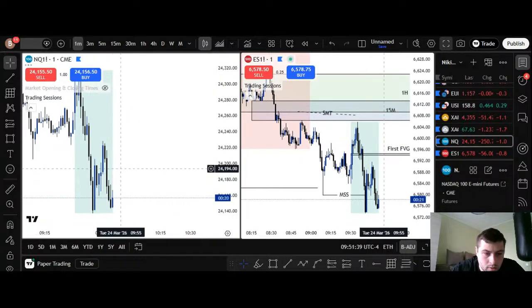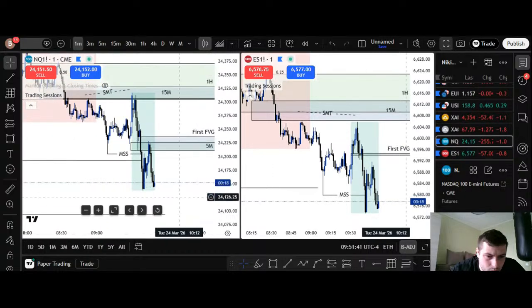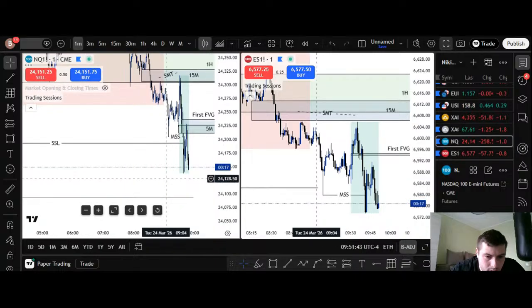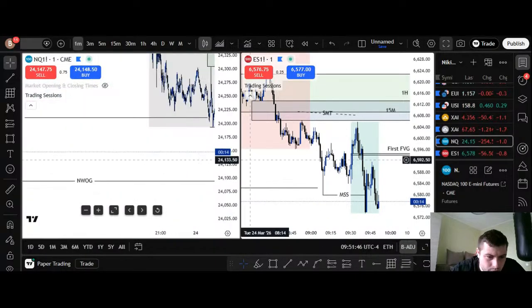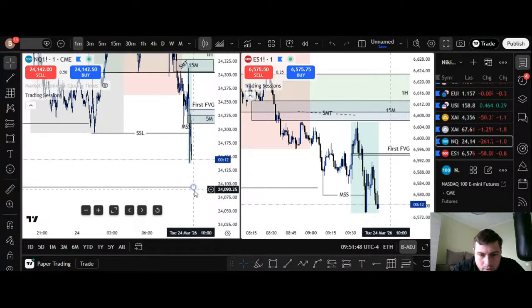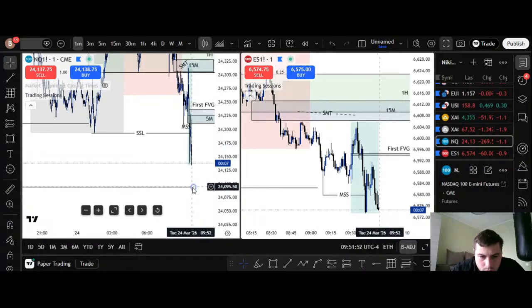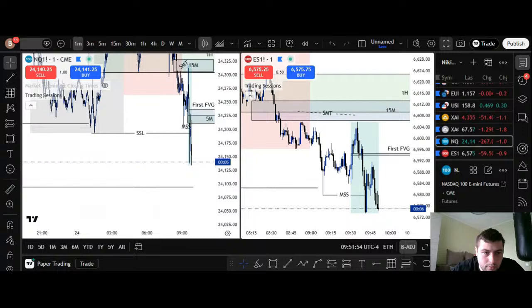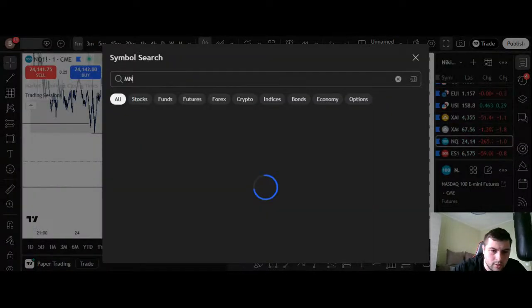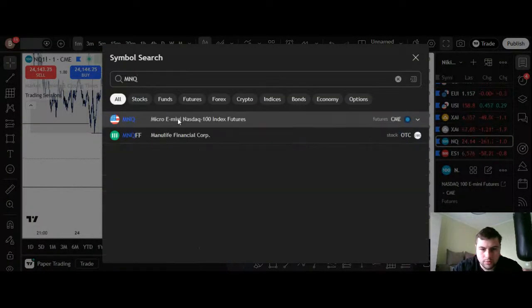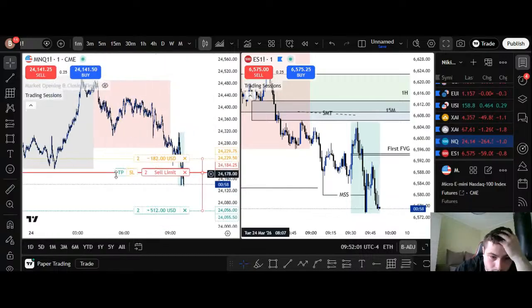On Nasdaq, I believe I'd like to enter at least till this point, which is my new opening up bottom, which is 24,095. Then I'm going to hold even more contracts lower.